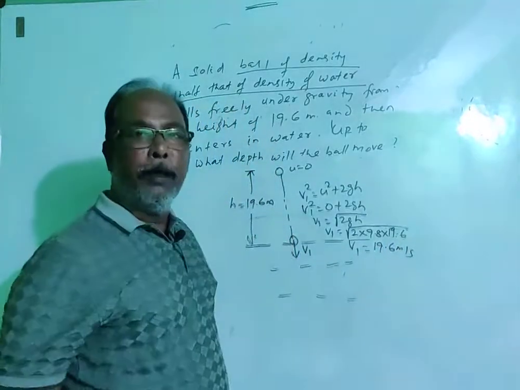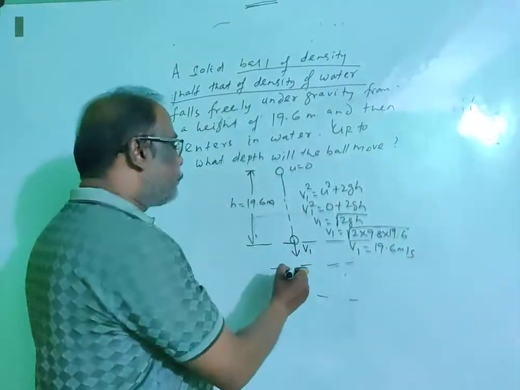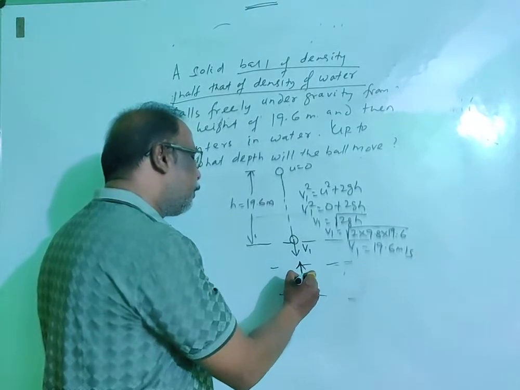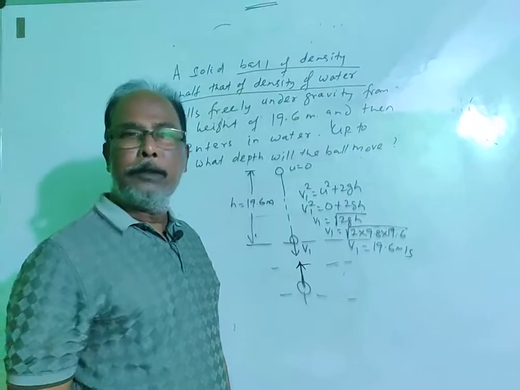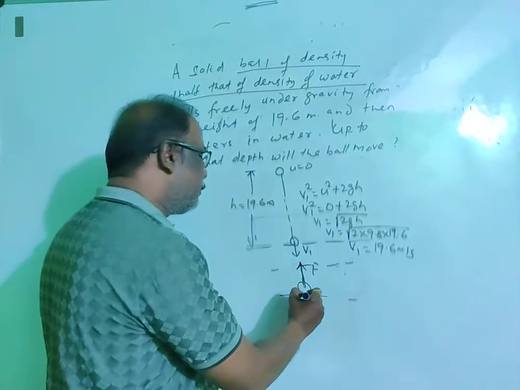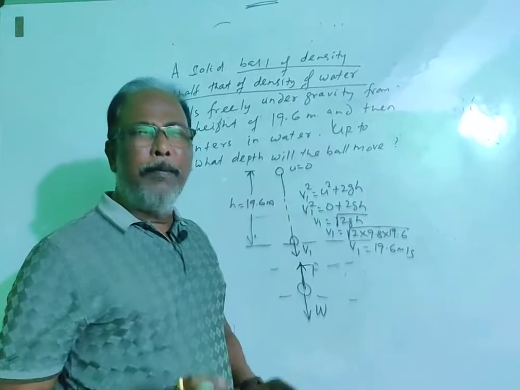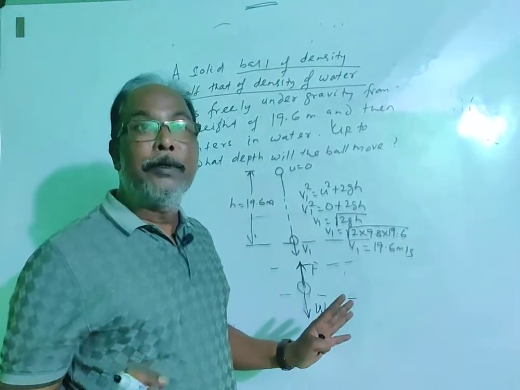This is the initial velocity. Now, when the ball moves inside the liquid, the upthrust will act in upward direction and weight of the ball in downward direction. And we have already discussed this concept.